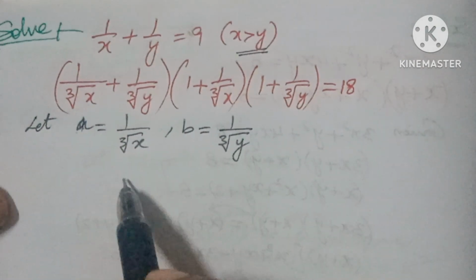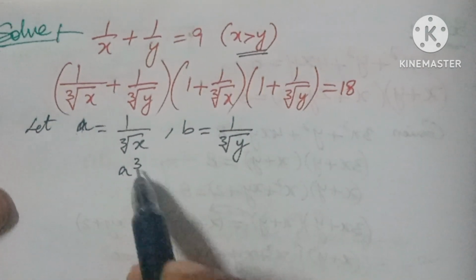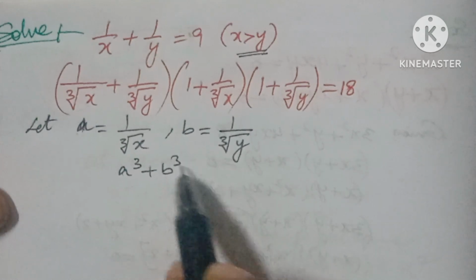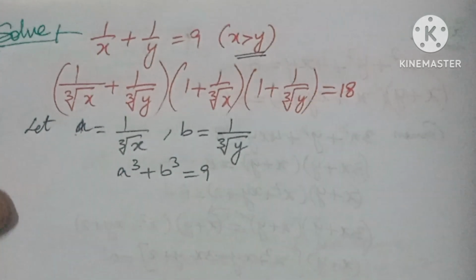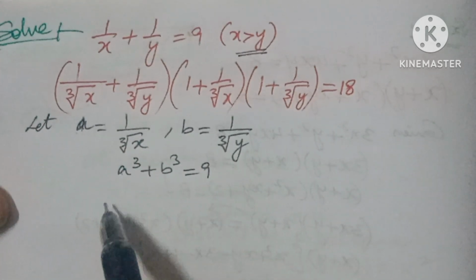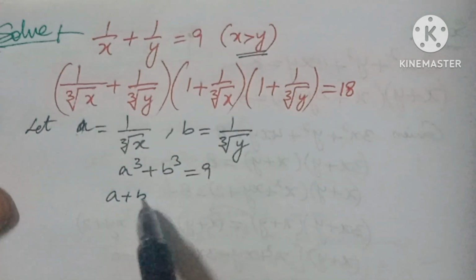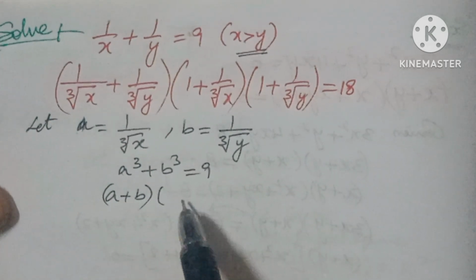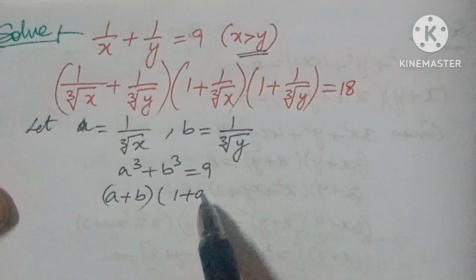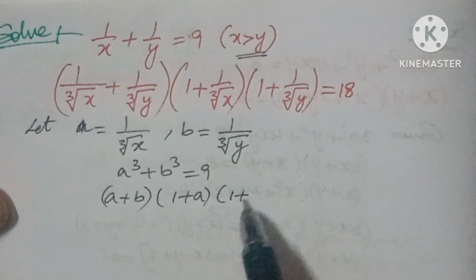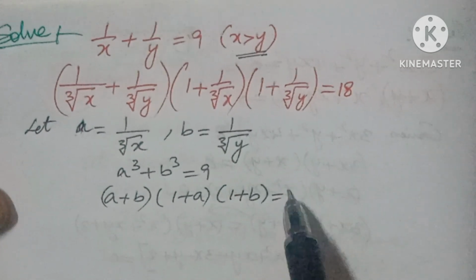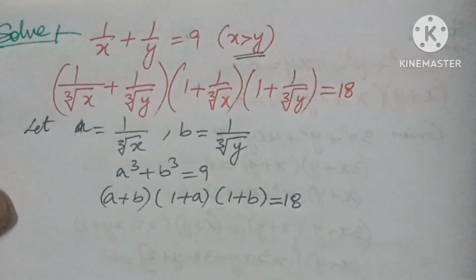So the first equation will become a³ + b³ = 9, and the second equation will be (a + b)(1 + a)(1 + b) = 80.